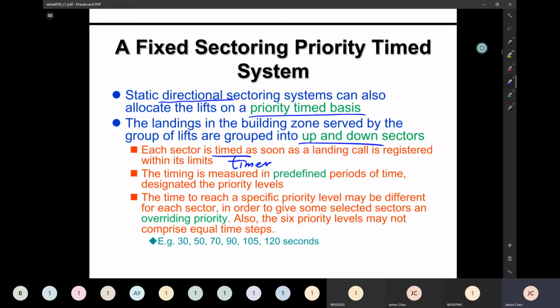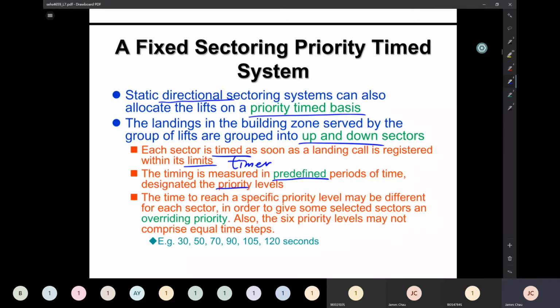If the time is within a certain limit, then it belongs to a certain category. This limit is known as the predefined period of time, and it classifies the priority level. So the time to reach a specific priority level may be different for each sector.